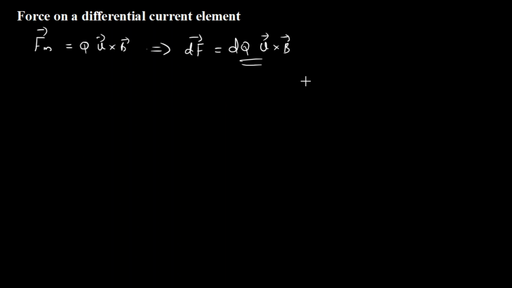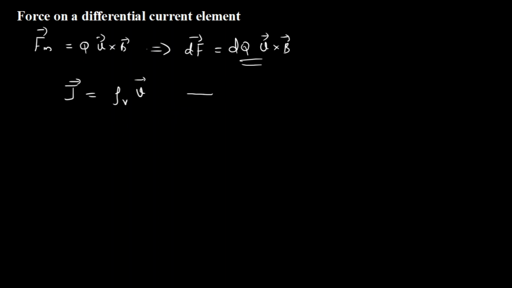So we need to find the relation between current density and velocity. We know that the relation was J vector, that is current density, equals rho_v v, where rho_v is the volume charge density and v is the velocity with which this volume charge is moving, that will give me the current density.